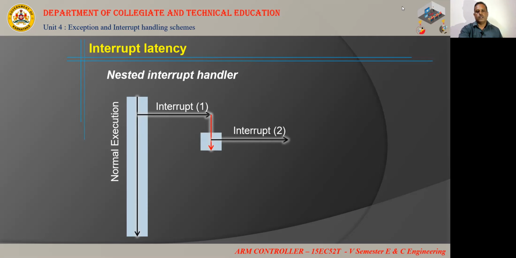The ARM core will stop that interrupt service and branch to the service routine corresponding to the interrupt 2 request, and it will start executing that interrupt handler, and it will re-enable the interrupt system so that further interrupts will be recognized and served.